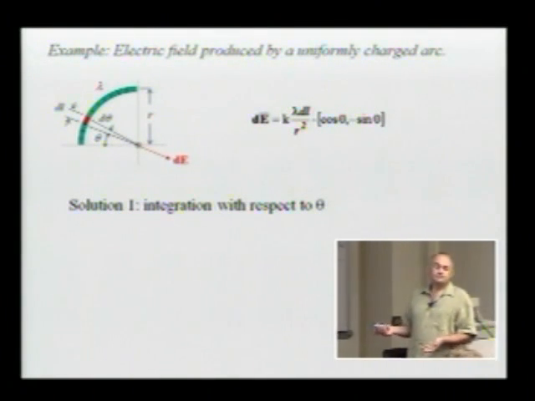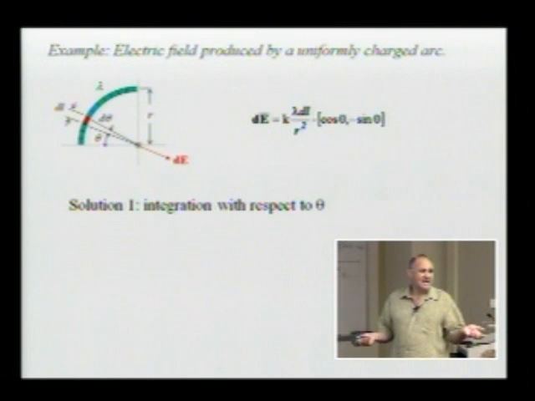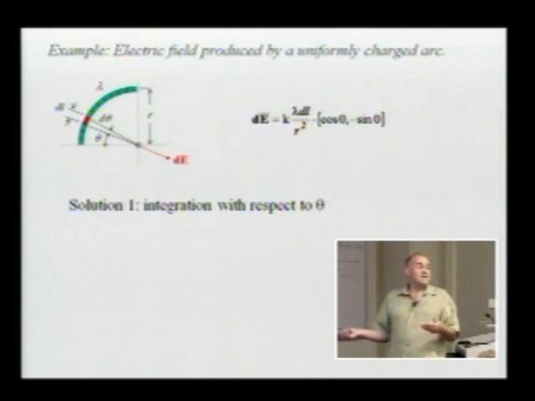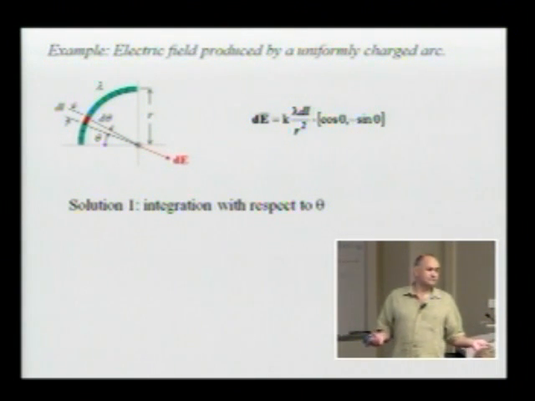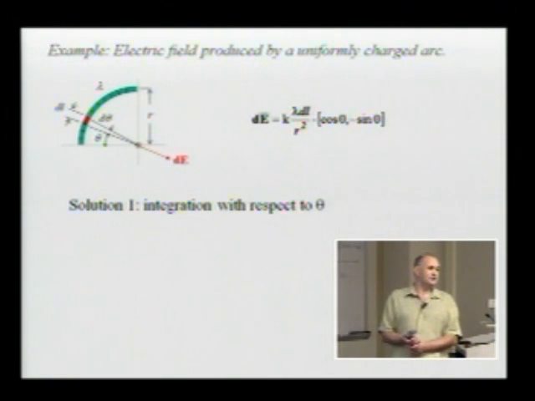So now we have to add all contributions. And when we add, I have to pick a certain variable which will identify which piece I consider. So consistently with this drawing, I thought that probably this angle will be the right variable to identify pieces.